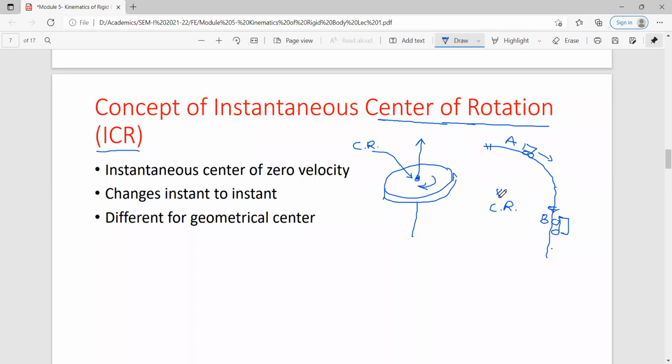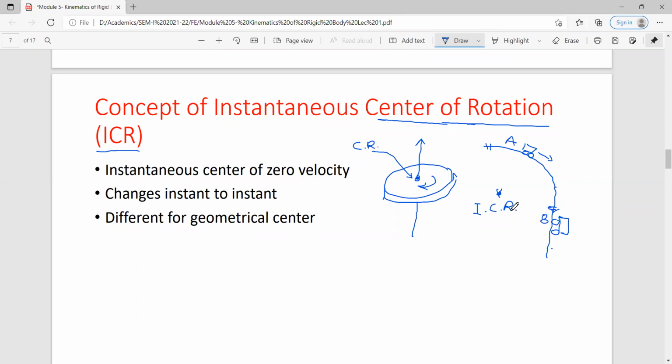So you can say that this point was the center of rotation at a particular instant, at a particular moment, and after that moment the center of rotation has changed.